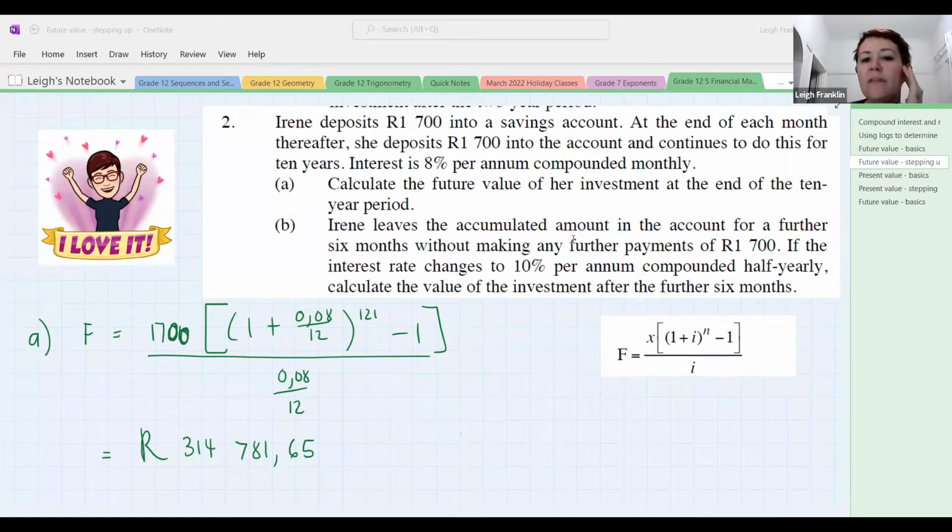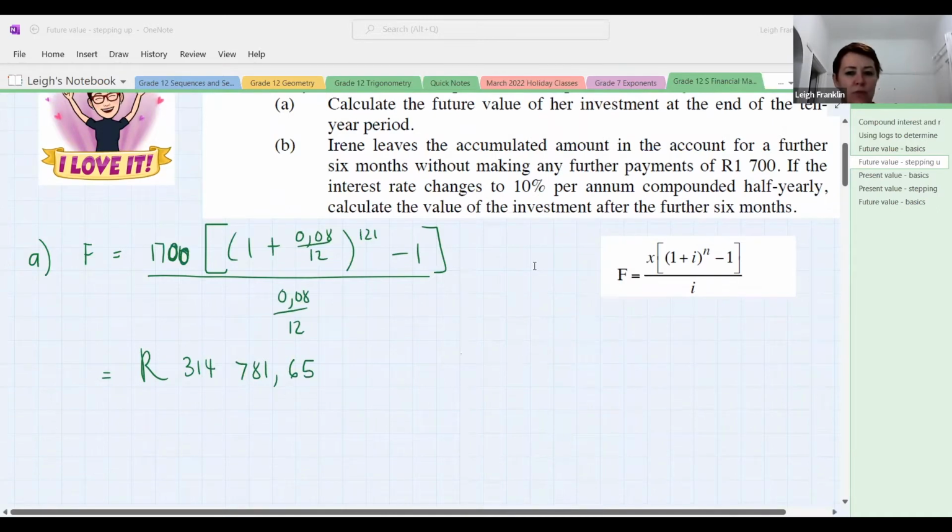Okay, so again, they're implying here that she's depositing this money at the end of every single month, but there was this initial deposit that was made immediately at the beginning of 1,700 Rand.